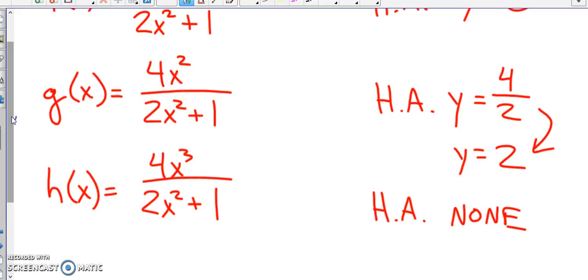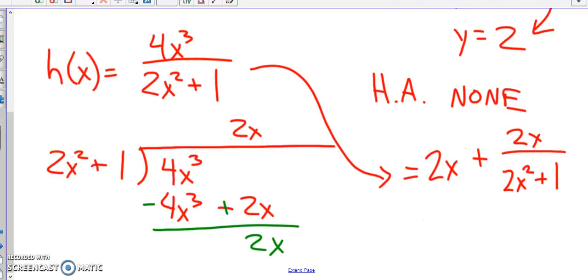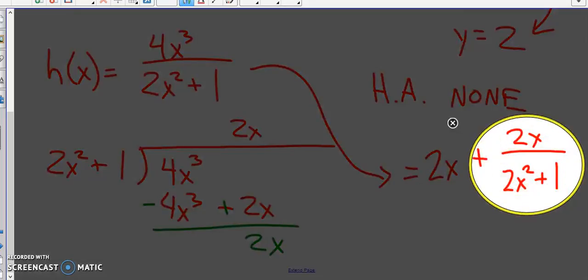And since I only have 1.5 minutes, I'm going to do the division off camera. So abruptly, there's your division. And so this piece right here, as x gets really big or really negative, the denominator has higher degree than the numerator, so this piece is going to go to 0 when you get out toward the edges.